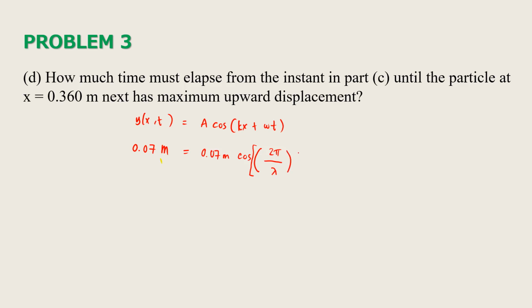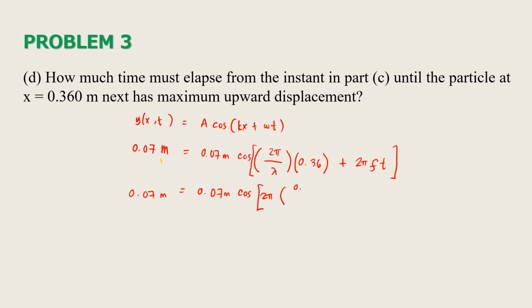Our value of x is 0.36 meters plus omega, we can write it as 2 pi f times t. So we have 0.07 meter equals 0.07 meter cosine. So we can take out 2 pi.